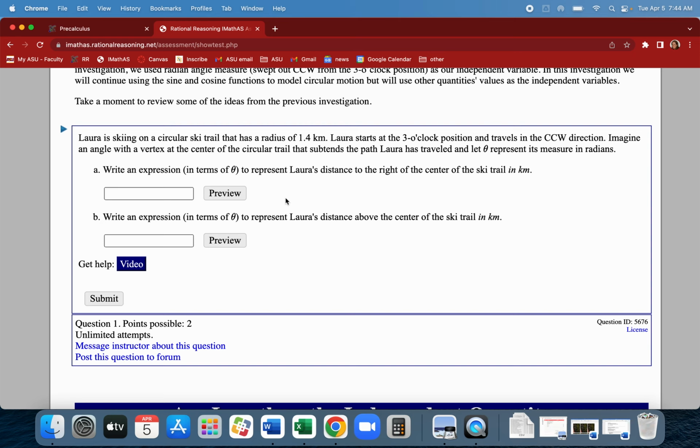If I want to express her distance to the right of the center in kilometers. Yeah? It'd be 1.4 cosine theta. Yep, it's going to be like this x statement here. You can always say it's the distance to the right, and if it comes out negative, we'll assume that's left. But yeah, it's going to be this 1.4, or radius, times the cosine of theta.